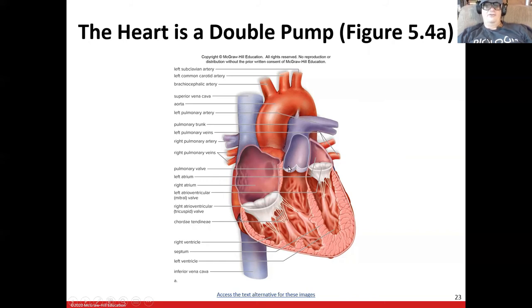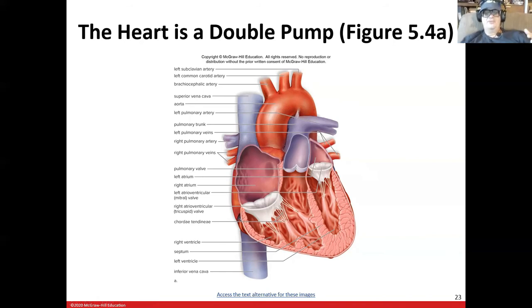The other valves are between the atria and the ventricle. That is an AV valve, an atrioventricular valve, speaking generically, a valve between the atria and the ventricle. And each one of the two valves has two names. The one over here on the right, we could call a tricuspid. And the one on the left, we could call a bicuspid or mitral.